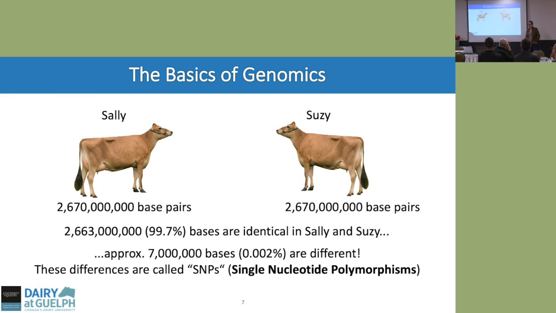So let's look at some cow genomics. We've got 2 cows here, Sally and Susie. Sally and Susie both have about 2.6 billion base pairs, 2.6 billion of these letters, right? Does anybody know how many base pairs Sally and Susie have in common? Lots?